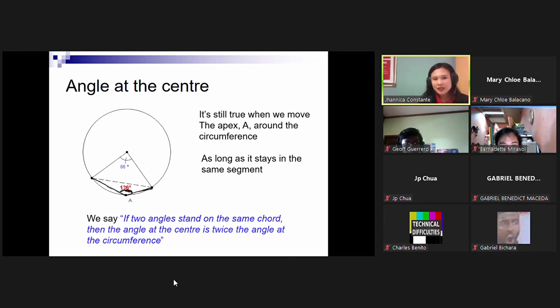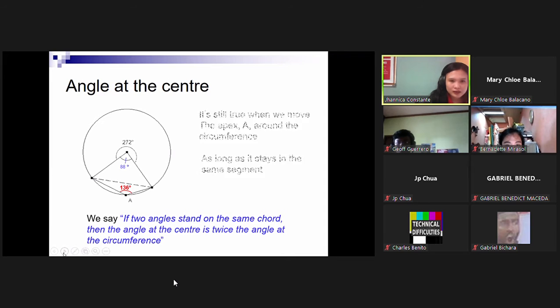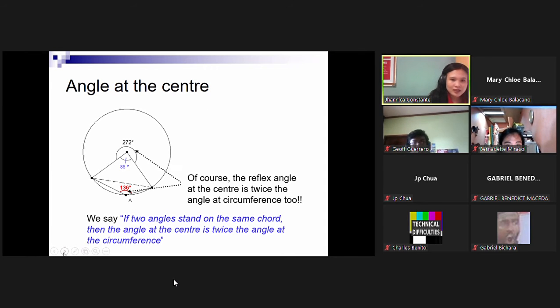This angle is twice of your central angle. So in solving for the reflex angle, that is twice the angle at the circumference too.